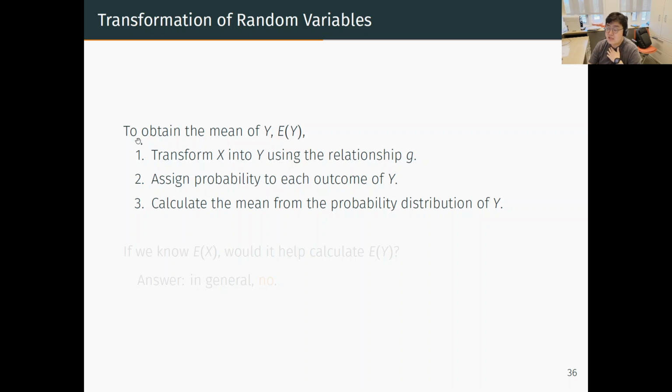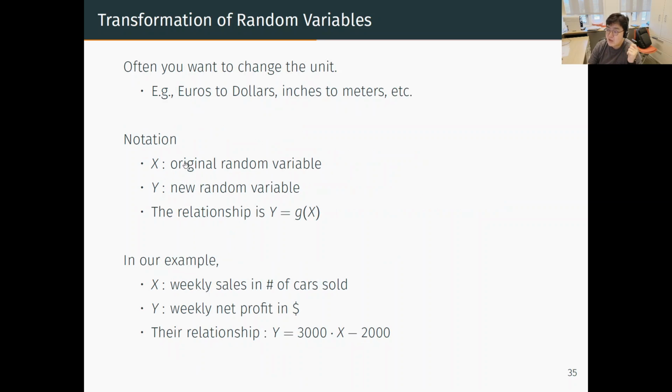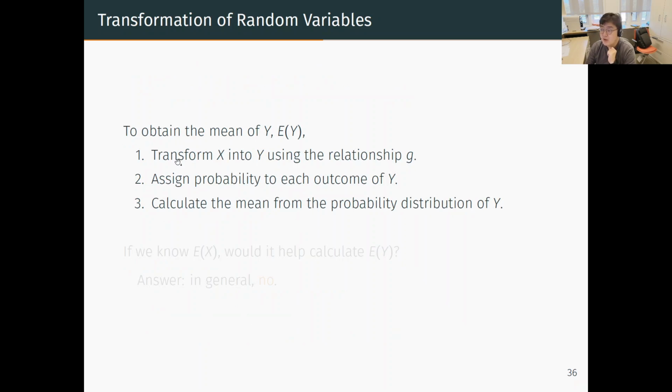So what we just did is calculating the mean of Y. In our example, we have information about X, and we have information about the relationship between Y and X. Based on these two types of information, we are interested in the mean of Y. How do we do that? Transform X into Y using the relationship and assign the probability to each Y, right?